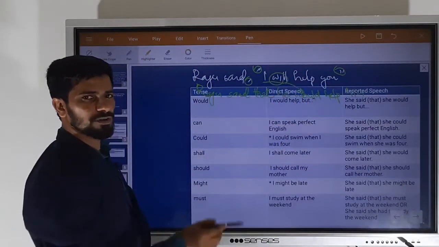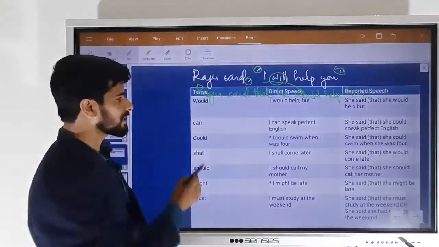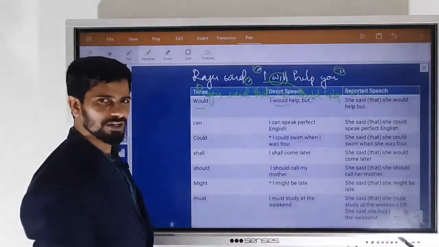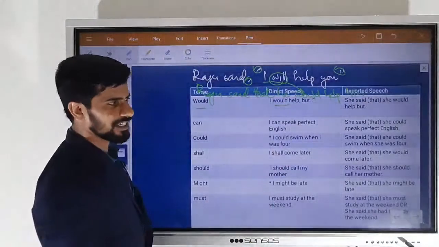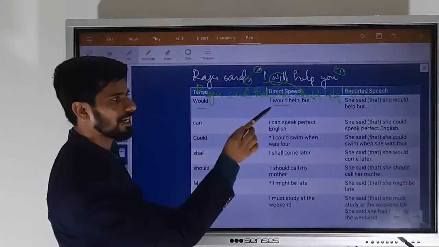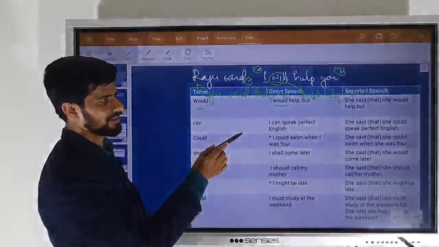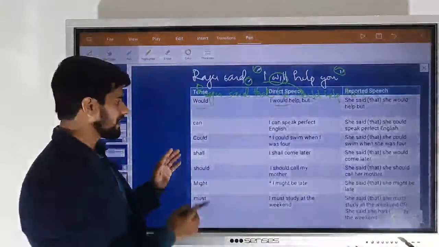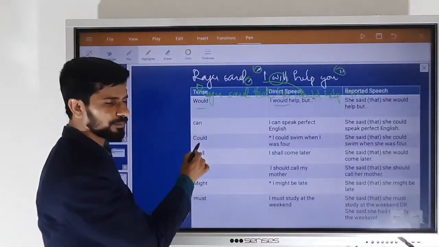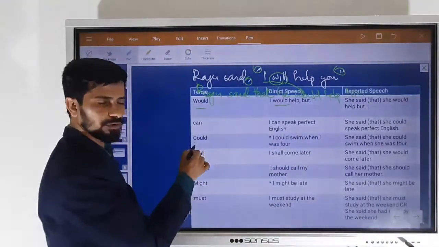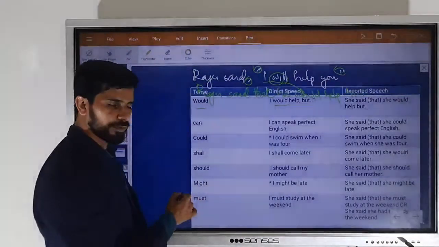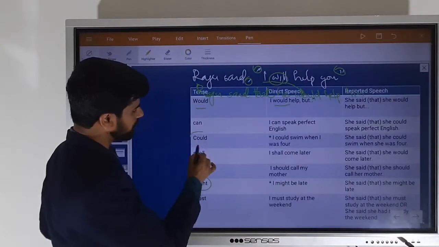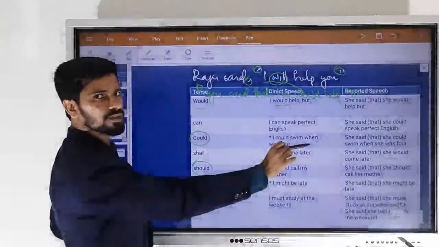And what happens if would is already there in the sentence? If there is would already in the sentence, it remains. So, she said that she would help, so would remains. If it is already past, and you already know could is the past form of can, should is the past form of shall, and might is the past form of may, all of these remain in the reported speech.